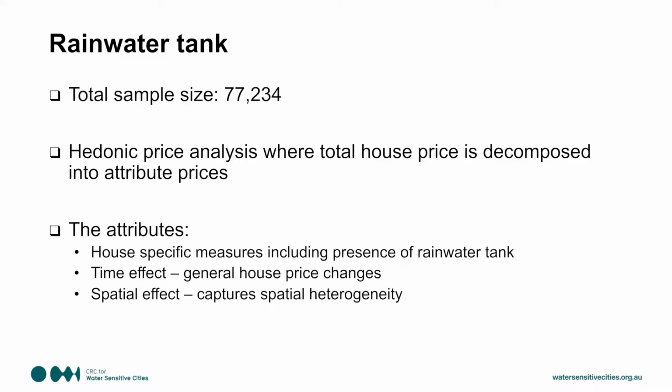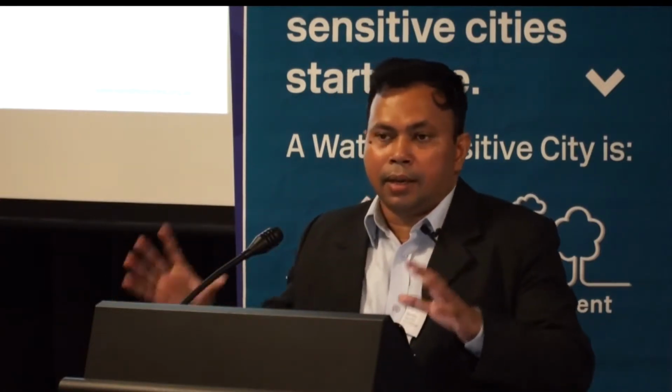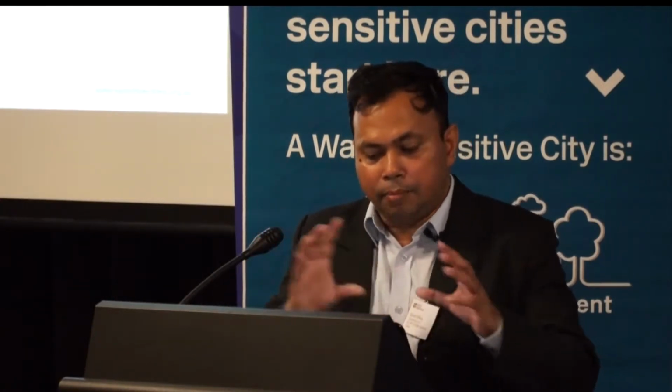And then secondly, there is the time effect, like when that sale was made, and whether there is any impact of that. In addition, there is a spatial effect, which means that you have some houses without rainwater tanks and some houses with rainwater tanks, and we check whether there is any change in the trend of their house prices over time.